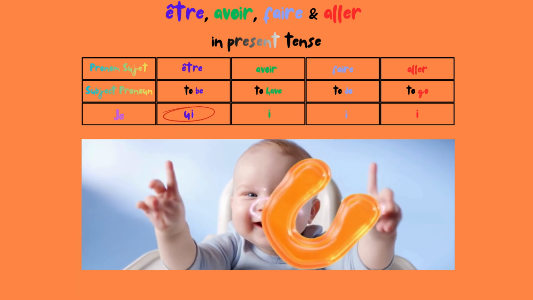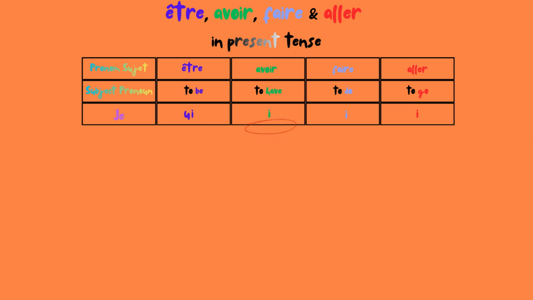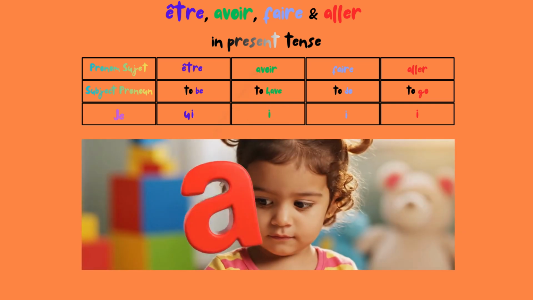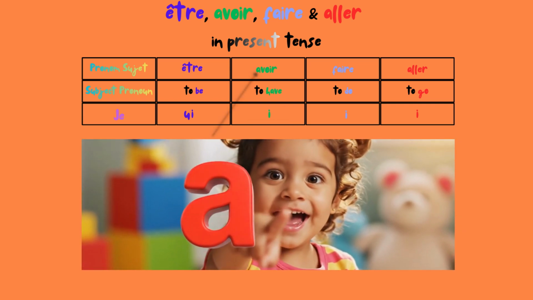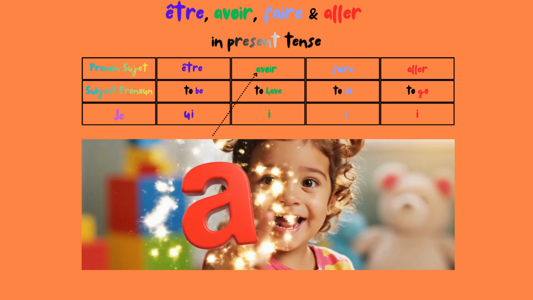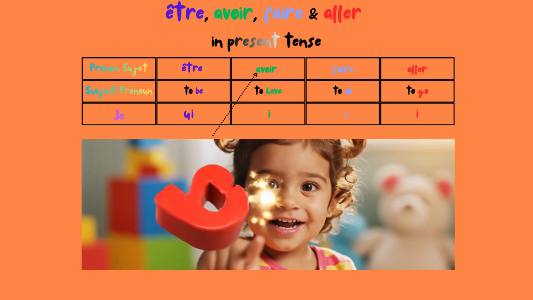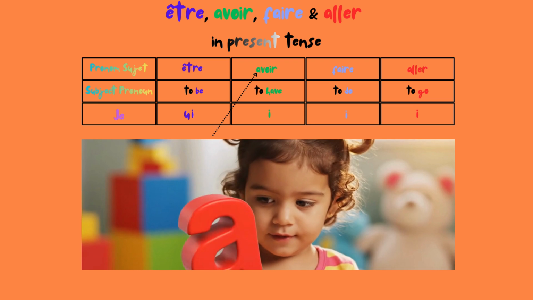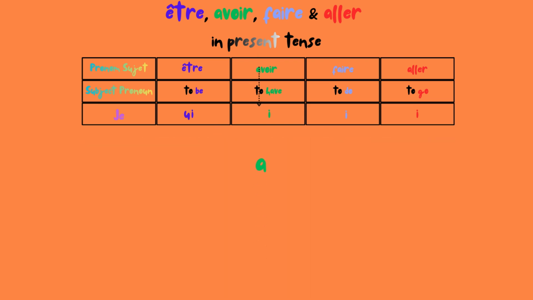Let's proceed to the next cell. The verb avoir starts with which letter? The verb avoir starts with the letter A, so we will add the letter A to I under to have, immediately in front of I. Note, both the letters A and I are vowels. Let's proceed to the cell after the next cell. That is the last cell under to go.